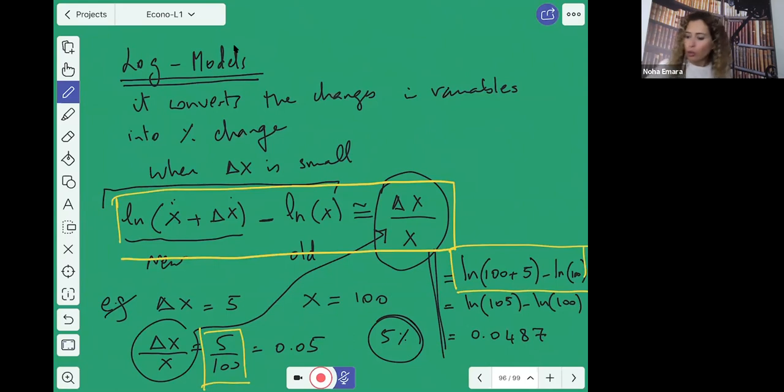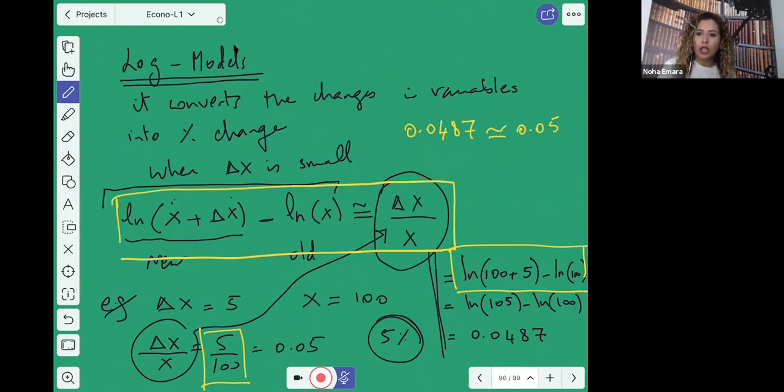So when I get 0.0487 from the first rule, I can easily say this is approximately equal to 0.05.